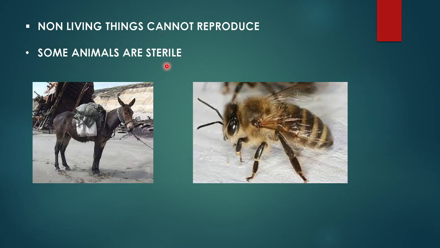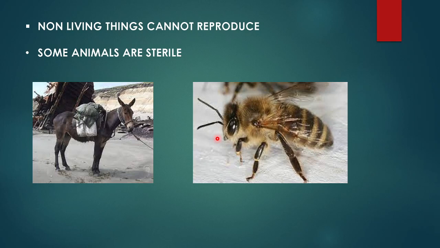So here comes a confusion, that can reproduction be considered as a characteristic of being living? Because we know the mule is living, the honeybee, this female worker honeybee is a living organism, but then they cannot reproduce. We are taking reproduction as a characteristic of being living.